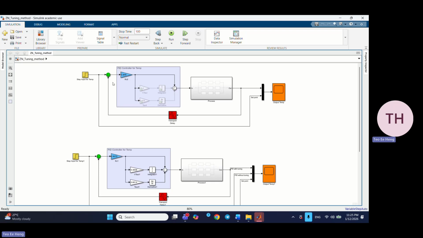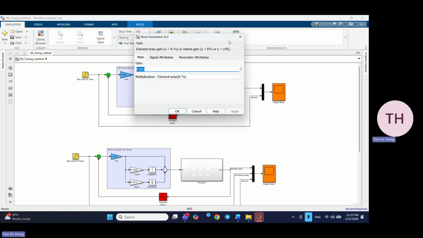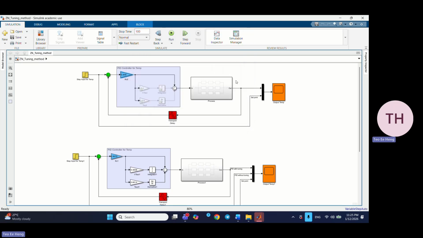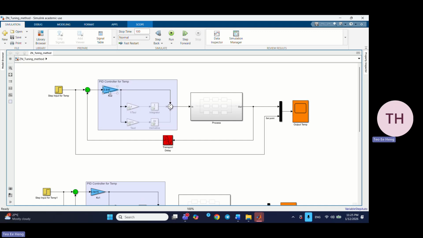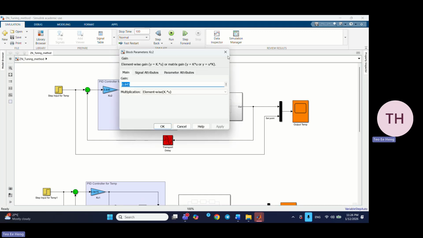Then we set it from 0, and by trial and error, we raise the value of the gain until we get the sustained oscillation curve like this. For example, here I put the value of Kc equal to 0.845.